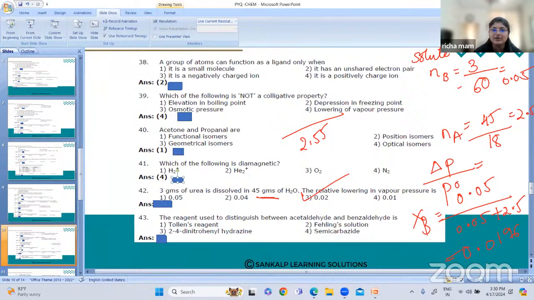So option number 3. Are you getting the same? Yes, option number 3 should be the answer.